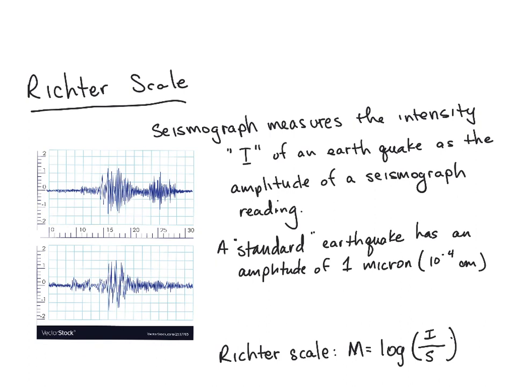The next logarithmic scale is the Richter scale, and it bases its measurement magnitude on a seismograph reading. So a seismograph, you can see here, the seismograph measures the intensity I of an earthquake, and the measurement it gives is what's called the amplitude of this seismograph reading.